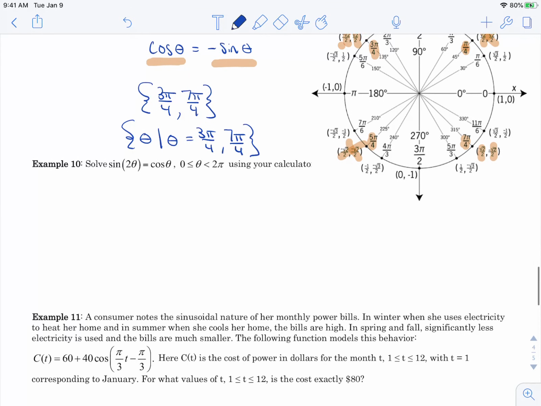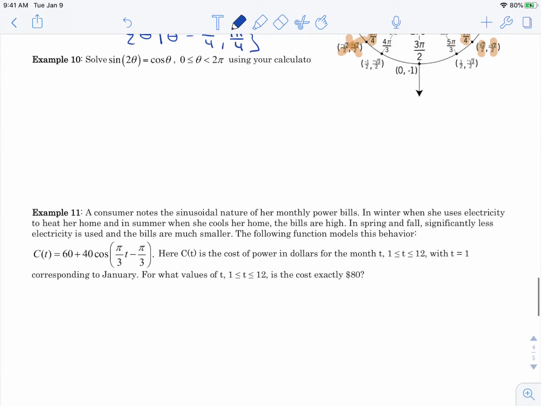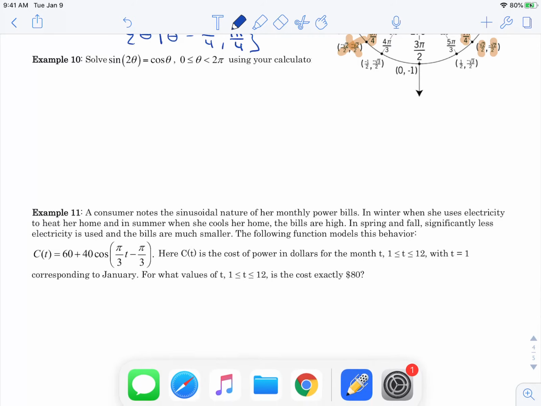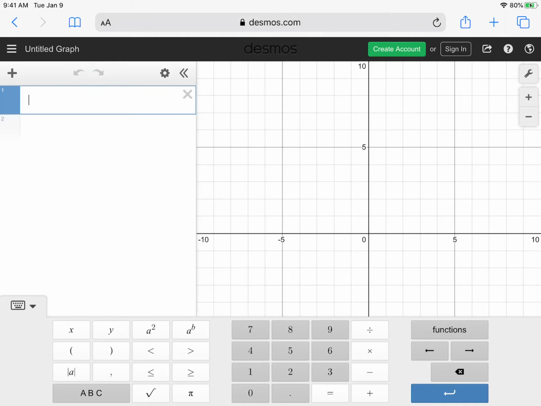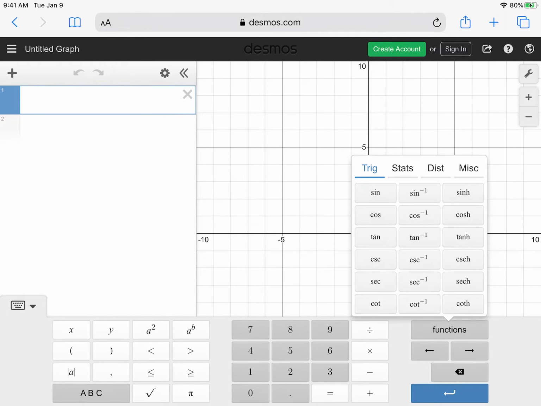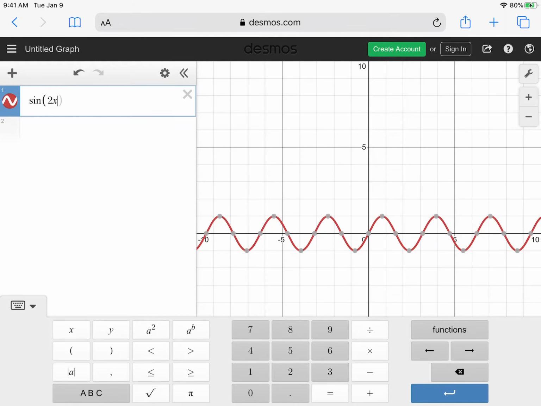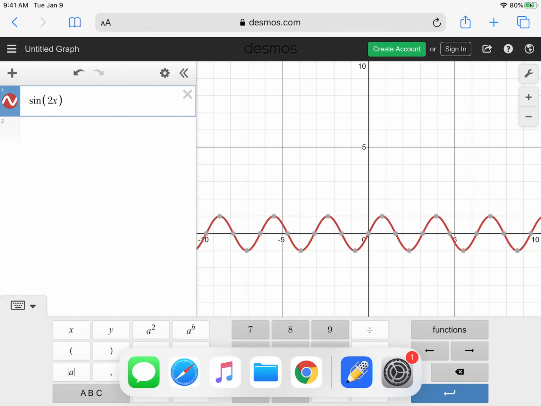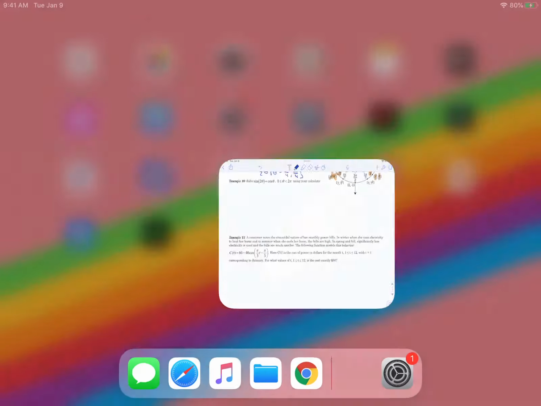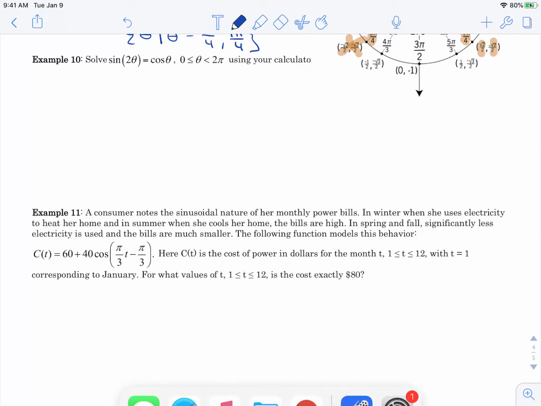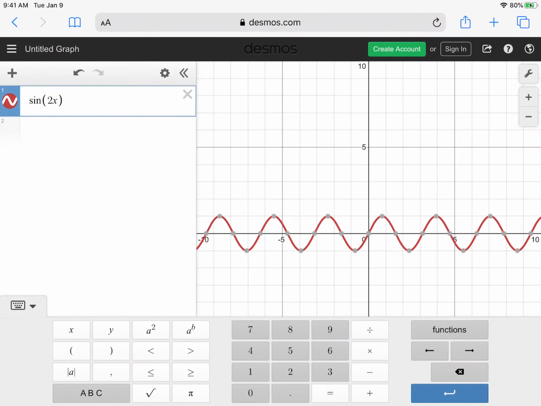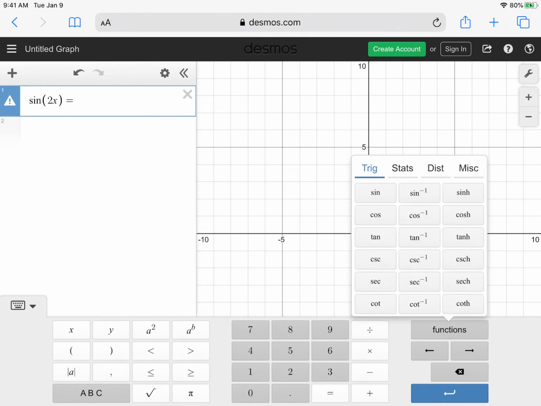Now for 10 and 11, we're going to rely on our calculators. So let's go ahead and get out Desmos. And that says sine of 2 theta equals cosine.